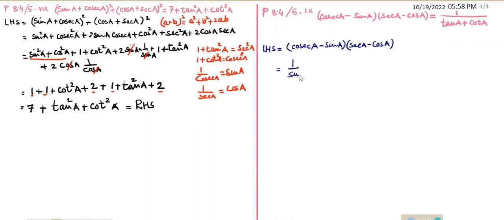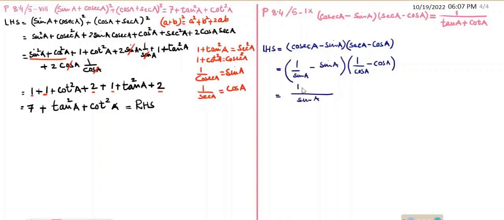Here we will express cosec A as 1 over sin A. So 1 over sin A minus sin A, and we will express sec A as 1 over cos A minus cos A. Next step is simply a subtraction of fraction. Simplifying this, we get 1 minus sin square A in numerator and 1 minus cos square A in the numerator.